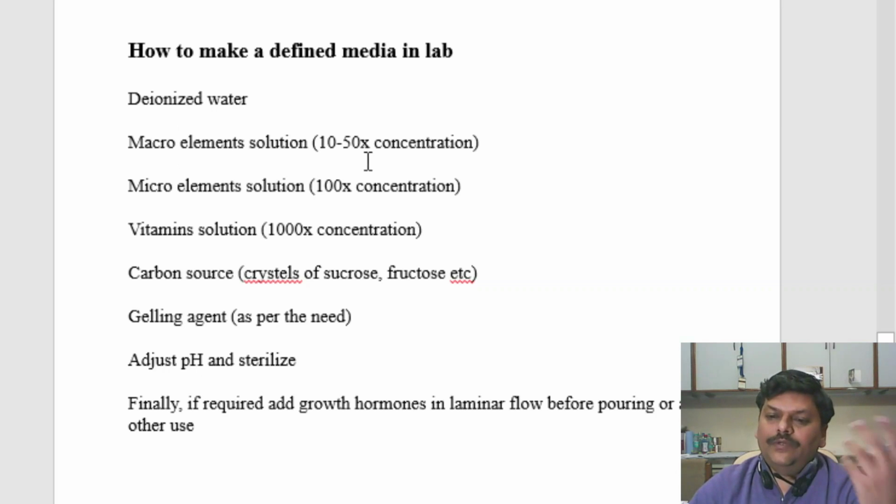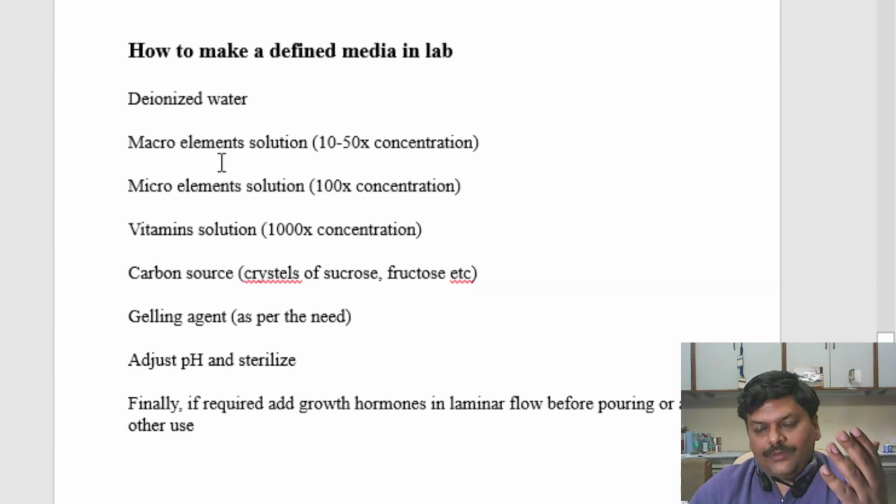Normally we first add macroelements from stocks which are made at 10 to 50 times concentration, then microelements and vitamins. After that we adjust the pH to the required and suggested pH. In most cases it is a pH of 5.8, and then we add growth hormones.